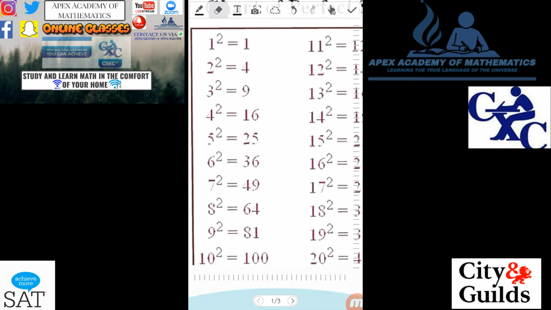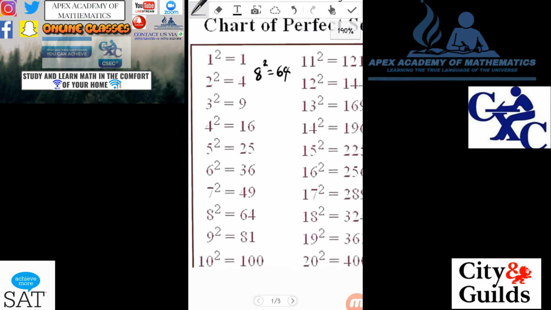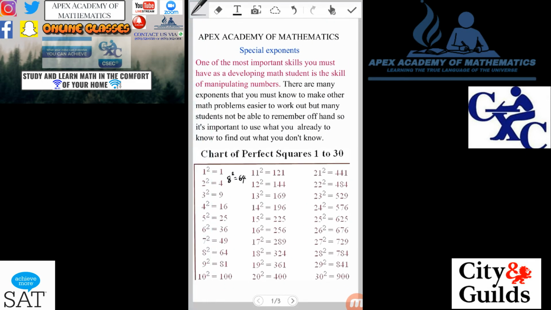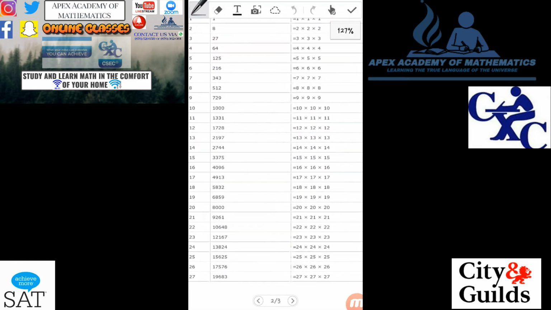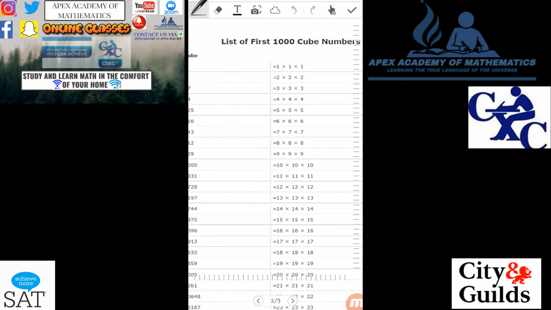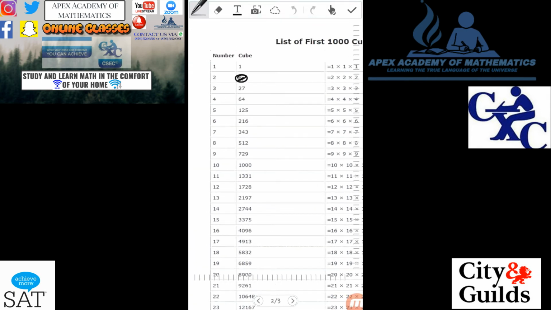All right, good. So for the number 64, now we know that here that 8 squared is equal to 64. All right, but if we go across to our cube table on this other side here, we find out that this 8 here is actually 2 times 2 times 2.